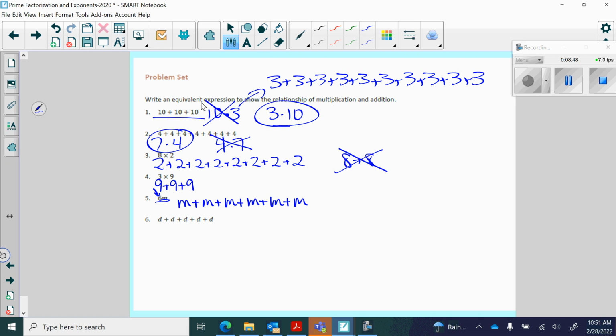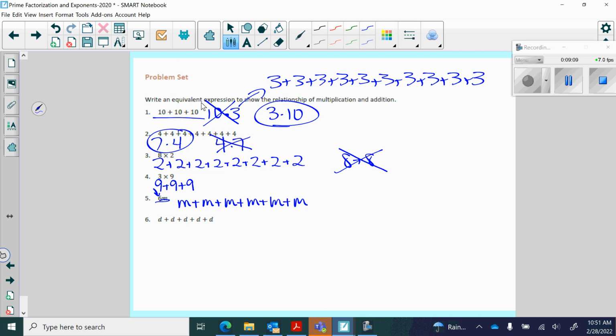Who remembers that math term? The number has a vocabulary word associated with it.